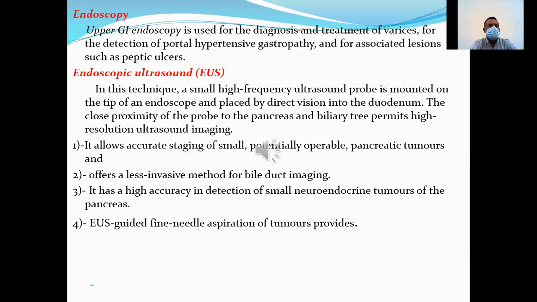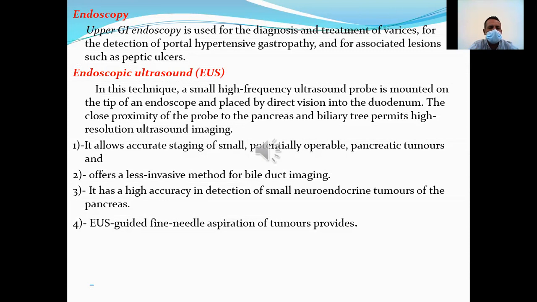EUS allows accurate staging of a small and potentially operable pancreatic tumor. So if there is a small pancreatic tumor that cannot be detected by ultrasound, CT scan or MRI, EUS can be used to detect this tumor. Also, it offers a less invasive method for bile duct imaging.